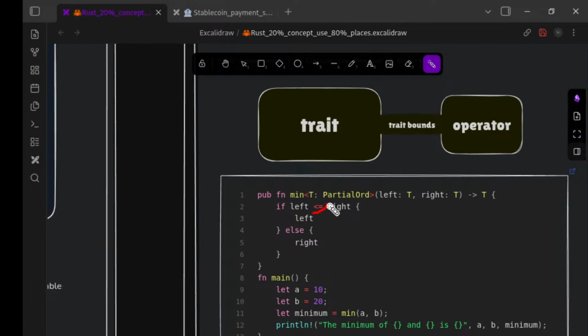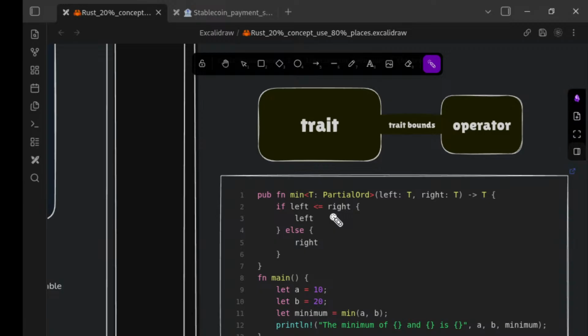So that's why the Rust programming language asks me to explicitly say what I mean by that. If I want to use this, I have to give instruction to the Rust compiler.